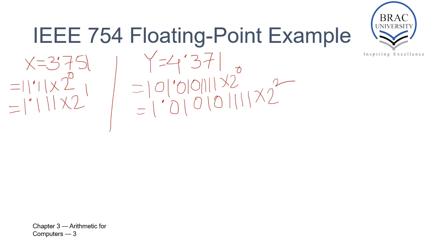Now we can see that x has exponent 1 and y has exponent 2. In case of addition, we made both these exponents equal to perform the addition operation. But when we are performing the multiplication operation, we do not have to worry about that. Once we are done with the multiplication, we can just add the exponents.